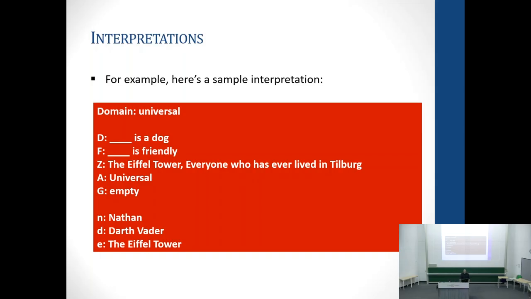And here are some fun things. We can have a predicate that's true of some of the objects in the domain. We can have a predicate that's true of every object in the domain. We can have predicates that are true of nothing in the domain. Predicates can be universal, they can be empty, or they can be just a fixed amount. So an example, right? Let's take the domain being people who are in this room.